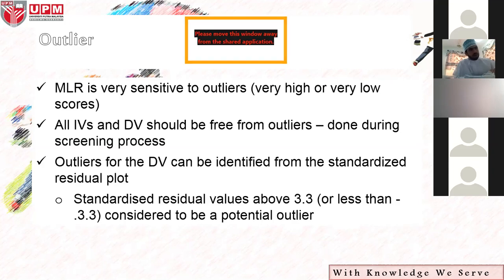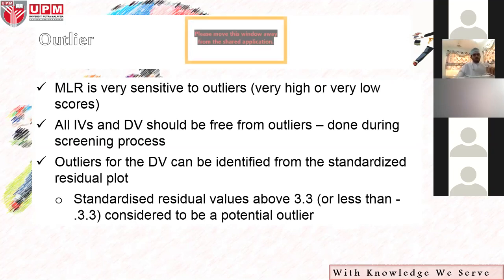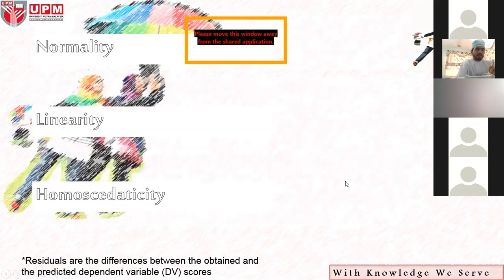Okay, and then outliers for the DV can be identified from the standardized residual plot. Okay, this one is based on the box plot. With the box plot, you can check for the outlier. Okay, standardized residual values above 3.3 or less than -3.3 are considered to be potential outliers. Mana dah tadi? Allah.